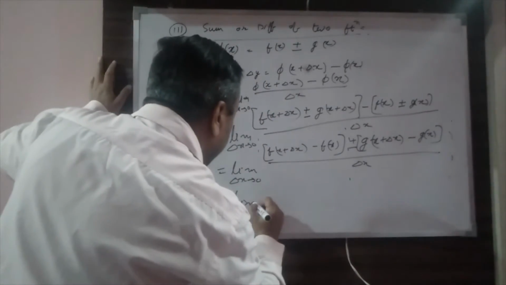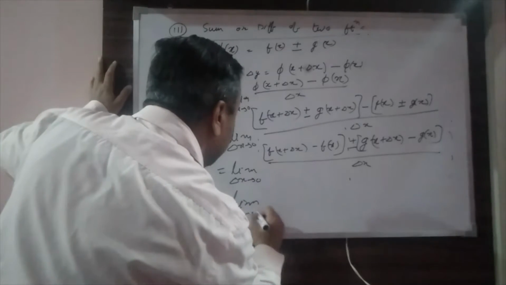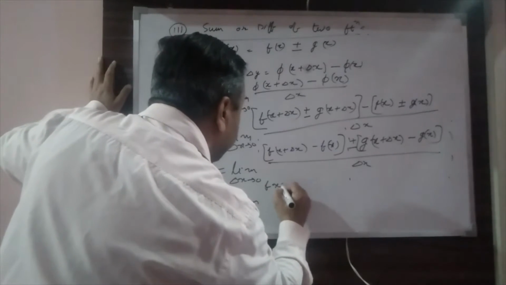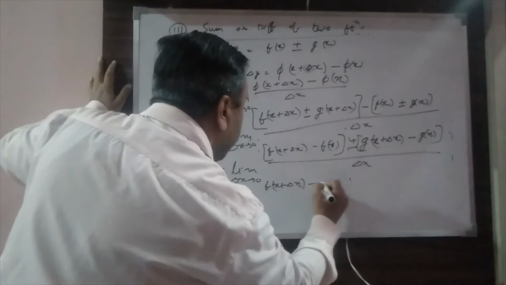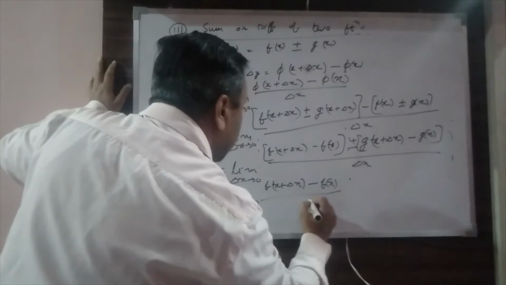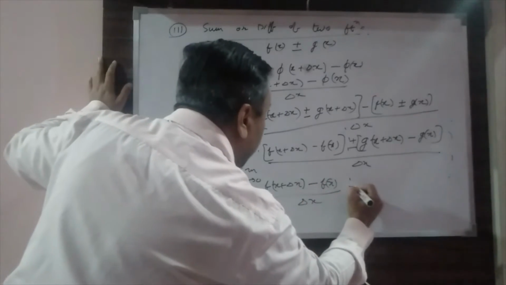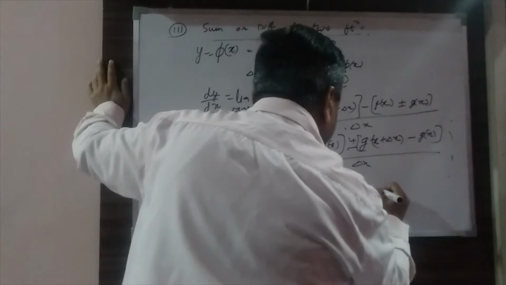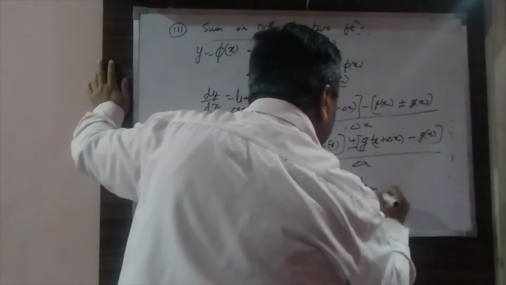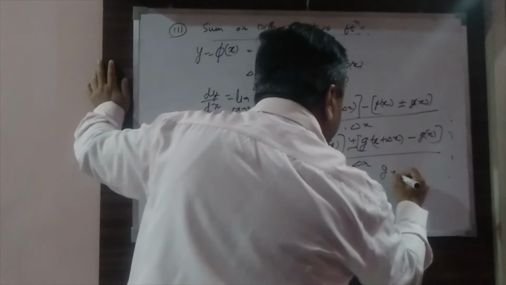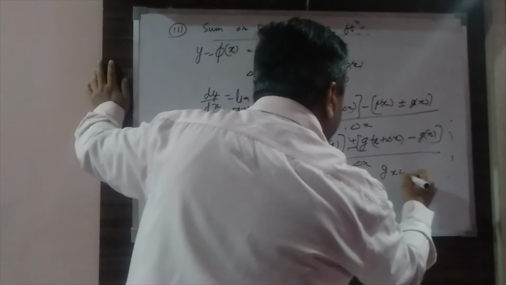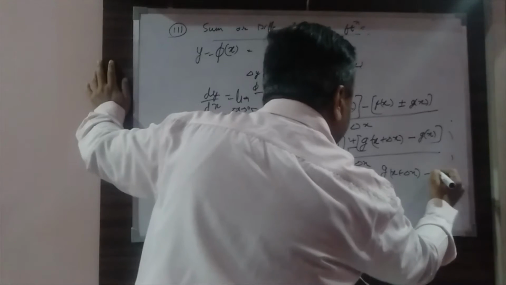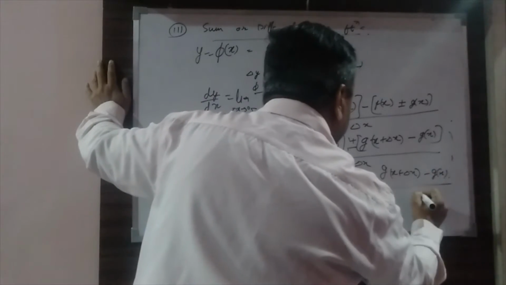So it will be limit Δx tending towards 0, [f(x + Δx) − f(x)] divided by Δx, plus or minus limit Δx tending towards 0, [g(x + Δx) − g(x)] divided by Δx.